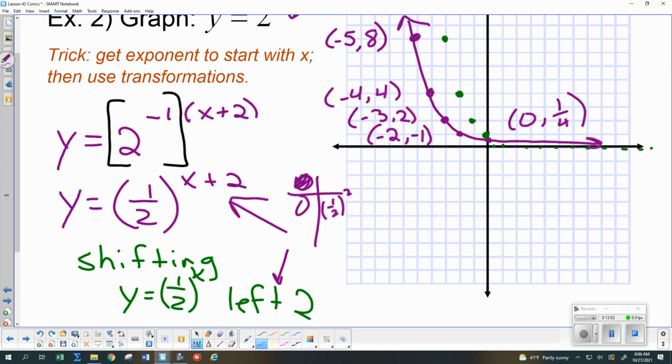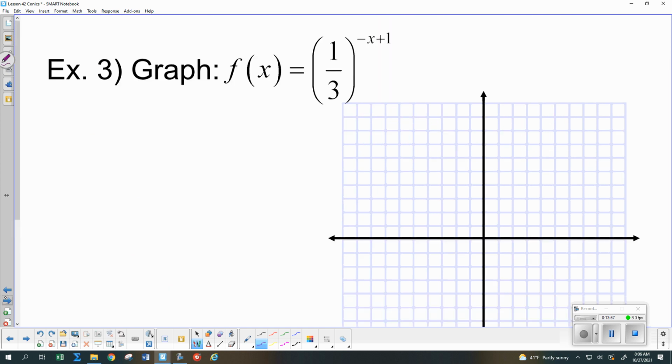Okay, let's do a couple more of these with a couple different variations. This one is similar. Y equals a third to the minus x plus 1. We want to figure out how to make it start with plus 1x, because we know how to graph fractions or integers to the x. So first thing we're going to do is factor out that negative 1.